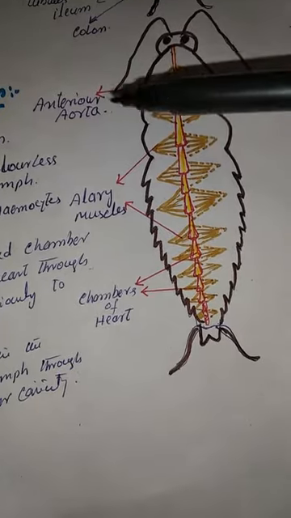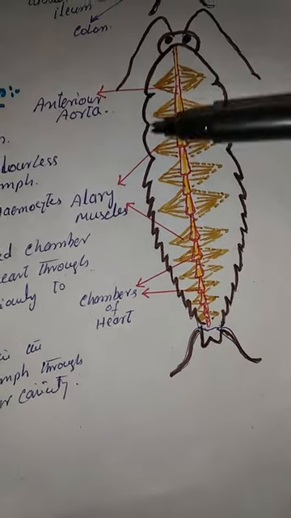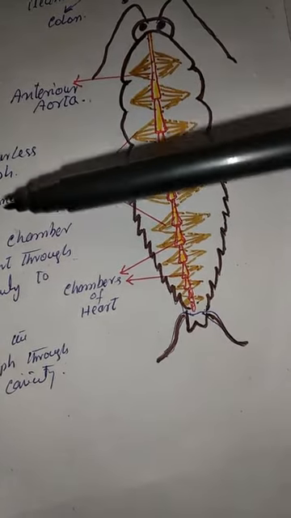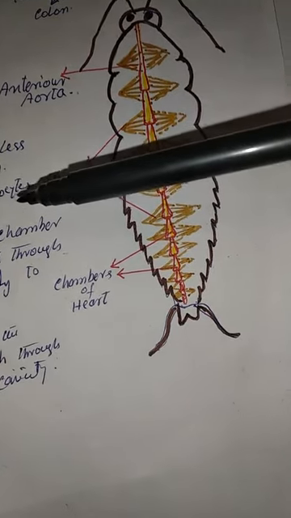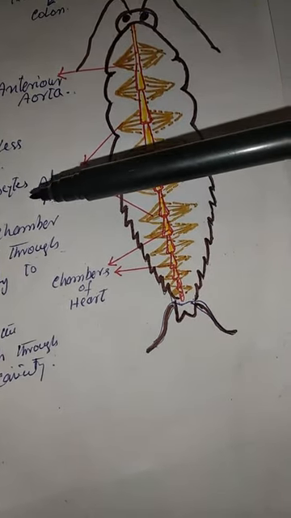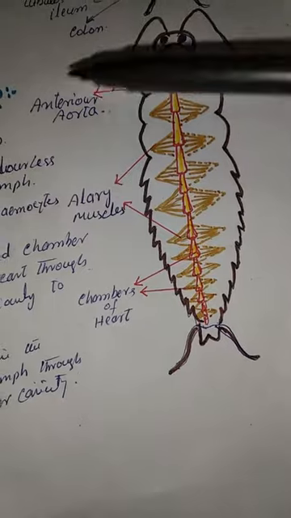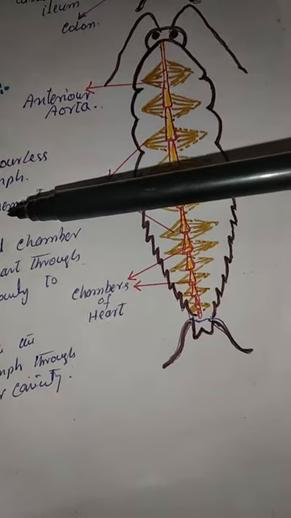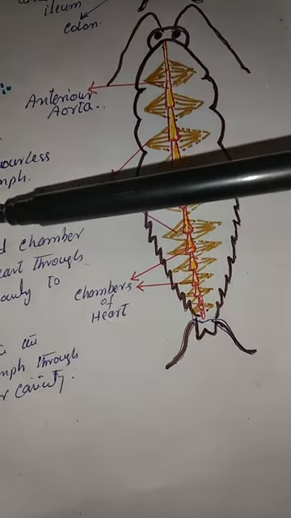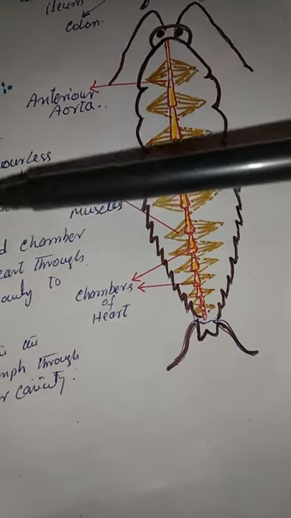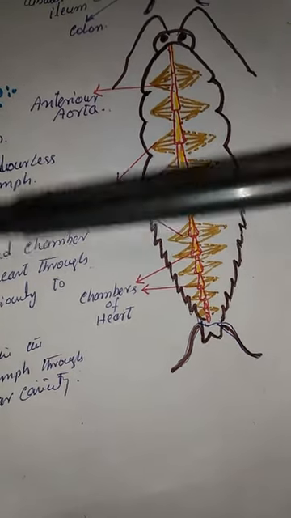Hemolymph, or the circulating body fluid, consists of plasma and blood cells called hemocytes. Plasma in this cockroach is colorless because it lacks any respiratory pigment, as is seen in human beings and other animals.